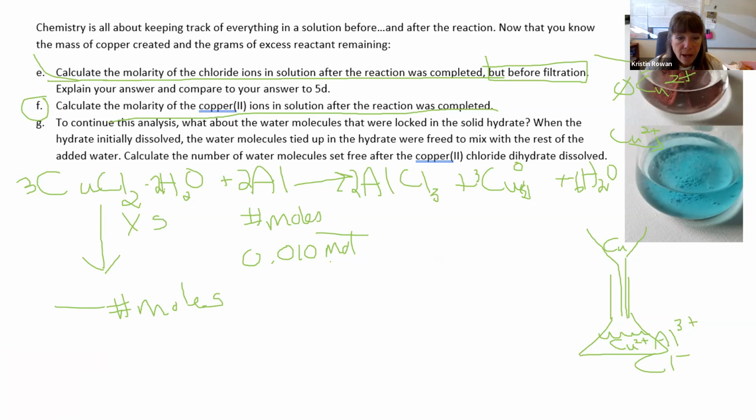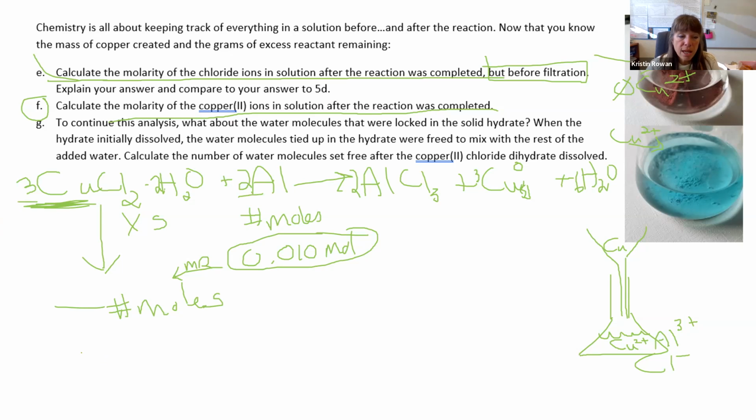So if I had 0.010 moles of aluminum, that's how much I put in there. Well, how many moles of copper 2 chloride dihydrate would that react with? Well, that's where our stoichiometry comes in. I have a mole ratio of aluminum to copper 2 chloride, and it's 2 to 3.